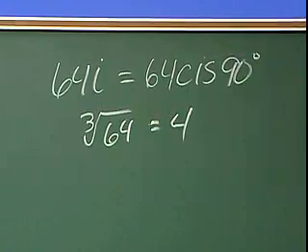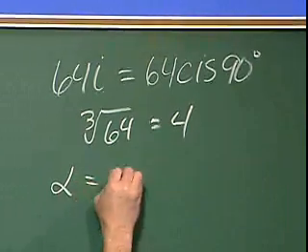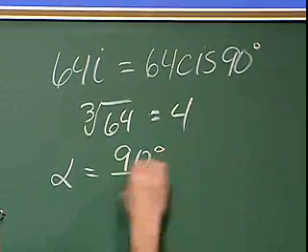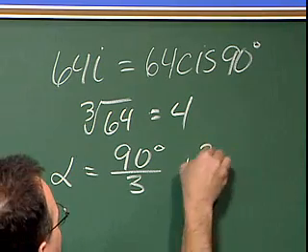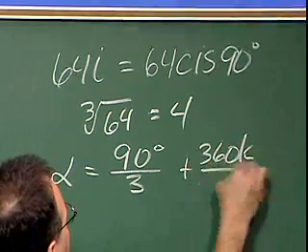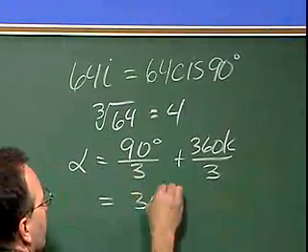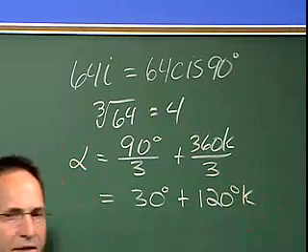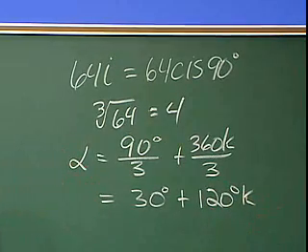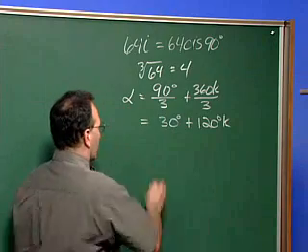And our alpha is going to be equal to 90 degrees divided by 3 plus 360k divided by 3, which is equal to 30 degrees plus 120 degrees k. We have k equals 0, 1, and 2.